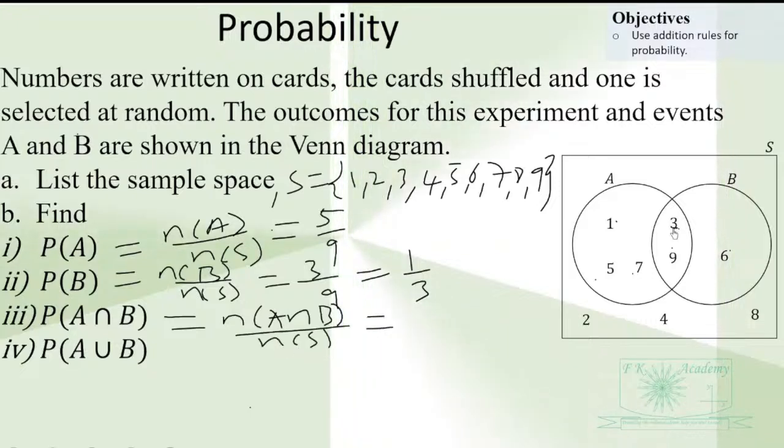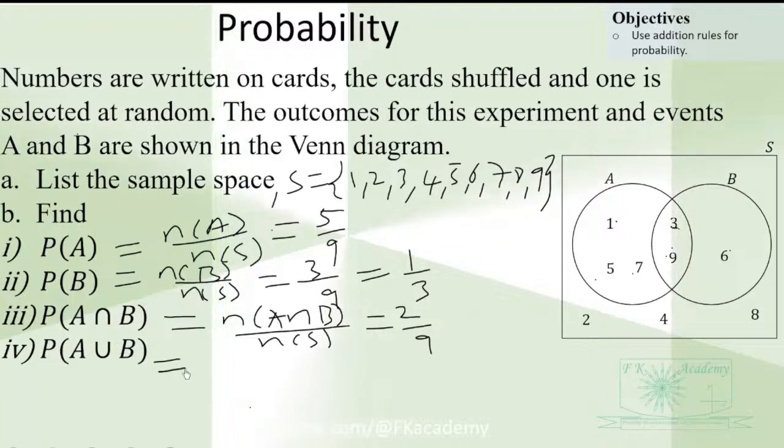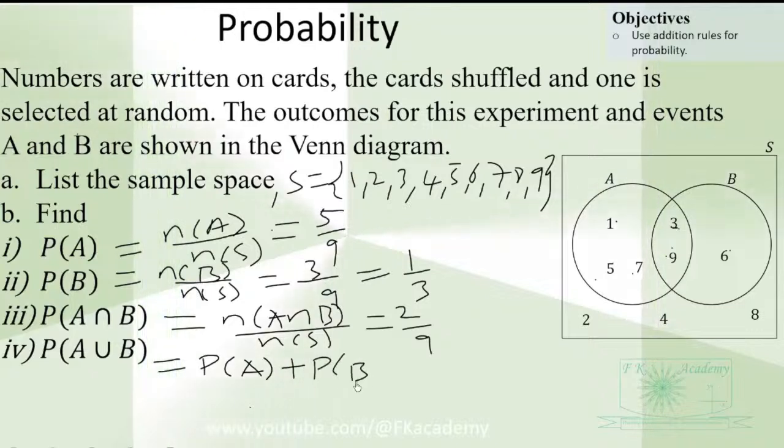So we have 1, 2. That will give us 2 over 9. And we are supposed to calculate the probability of A union B. So probability of A union B is equal to probability of A plus probability of B minus probability of A and B.